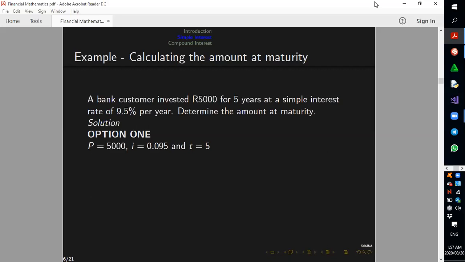It's not in months, it's not in days. Even if you are given it in days, you have to convert it to years. Even if you are given it in hours or in weeks or in months, you must convert it to years. If you're given 24 months, you must convert it to years. It must always be used in the units of years, not any other unit of time.